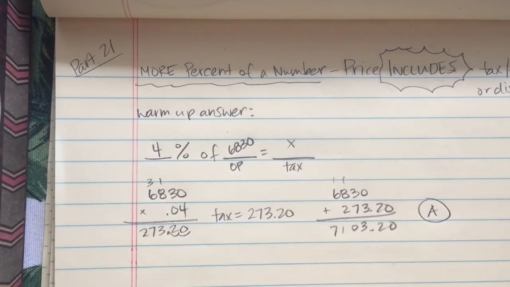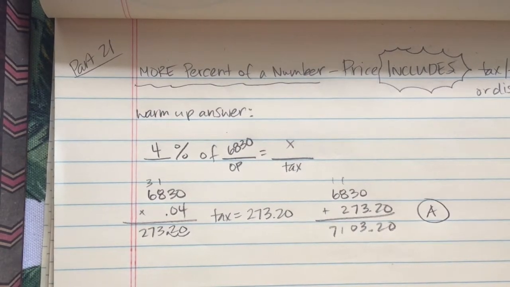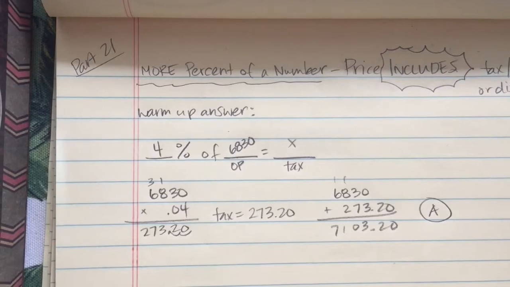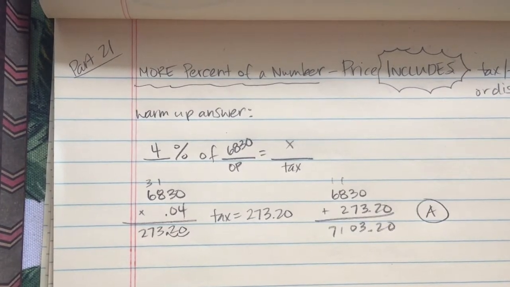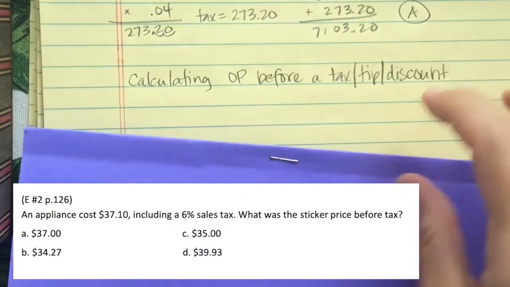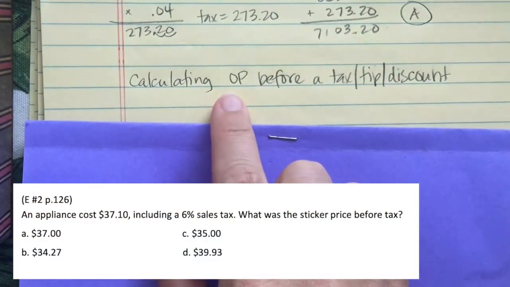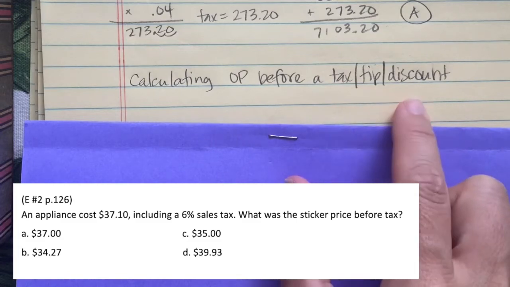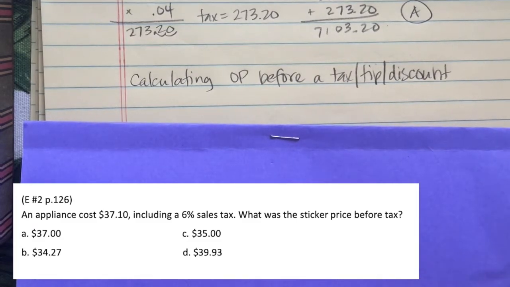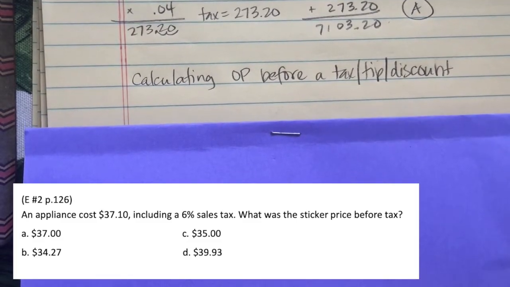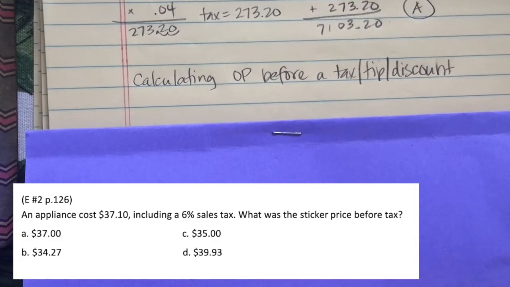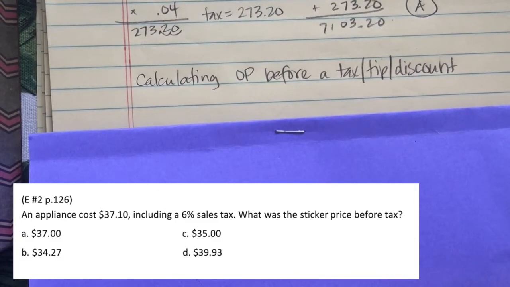All right, let's move on to when the price includes a tax or a tip, and I'm going to give you an example of a problem that shows what I'm talking about here. All right, so we're going to talk about calculating the original price before a tax, tip, or discount. All right, so you see that problem. It says an appliance costs $37.10, including a 6% sales tax.